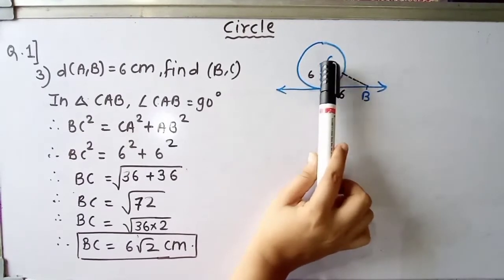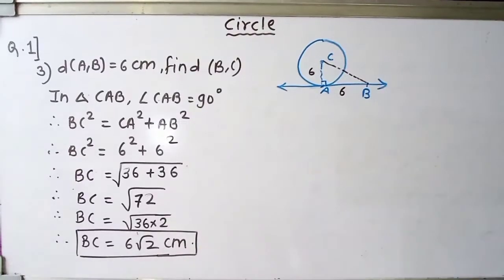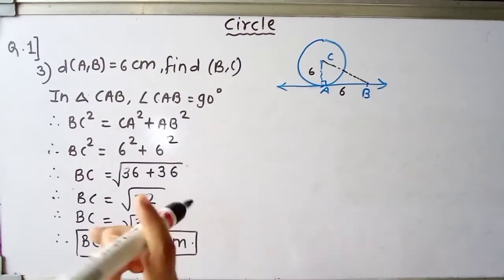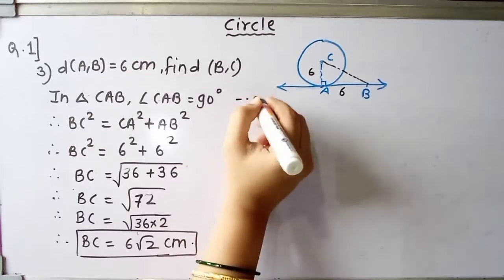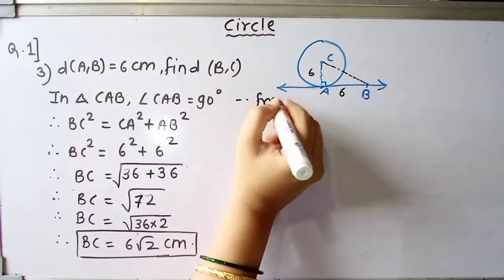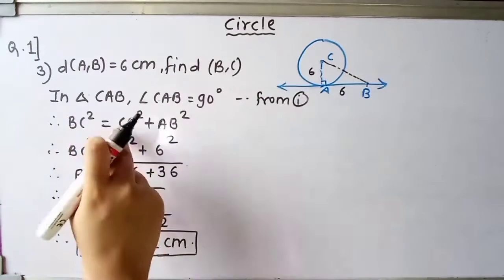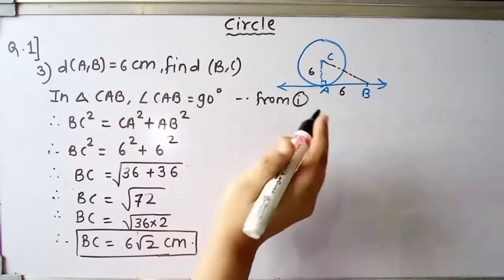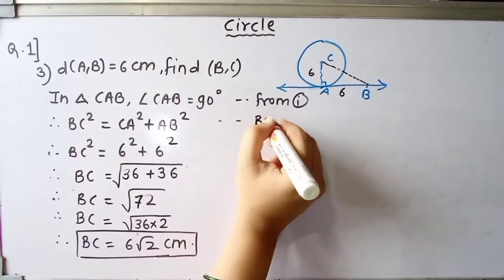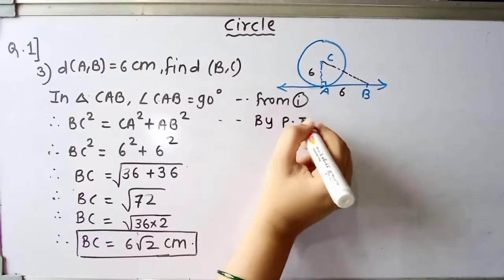We already know angle CAB is 90 degrees. Reason is from equation 1. So therefore BC square is equal to CA square plus AB square.